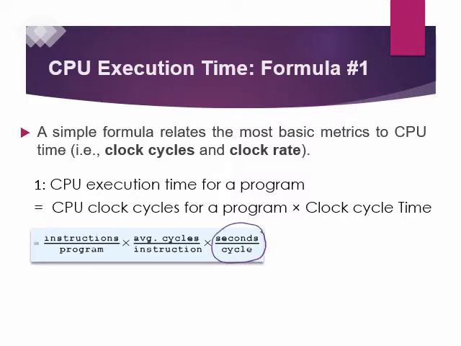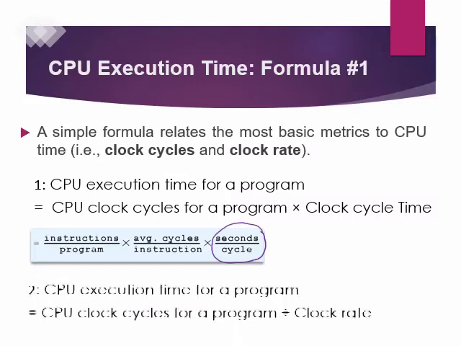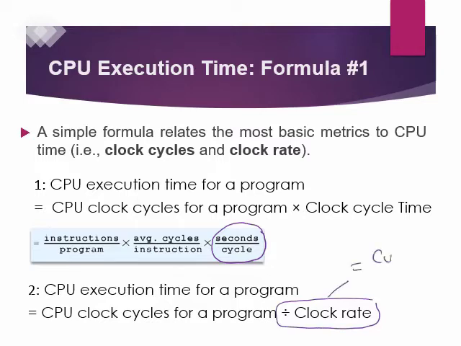So if we want to have this formula with clock rate, then we just change to divide by clock rate, right? Because you know clock rate is, what is clock rate? Clock rate is cycles per second. So that is why we change from times to divide.